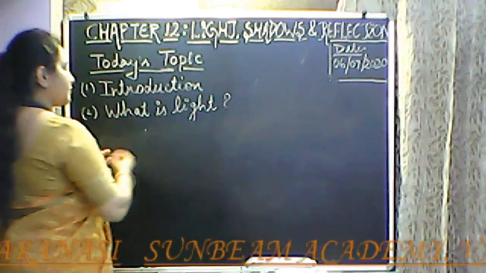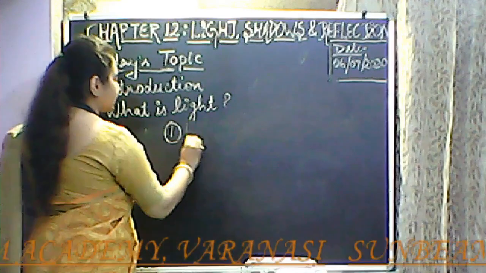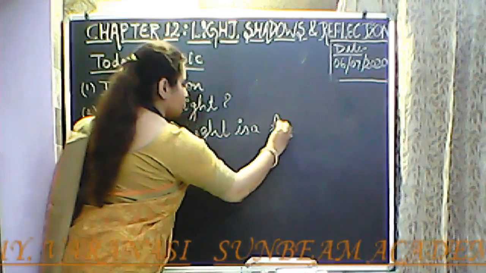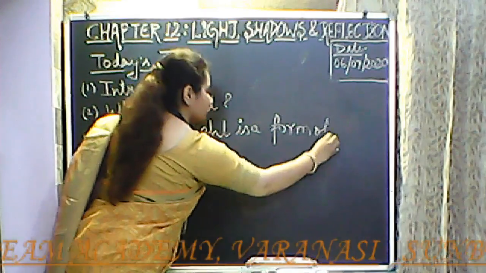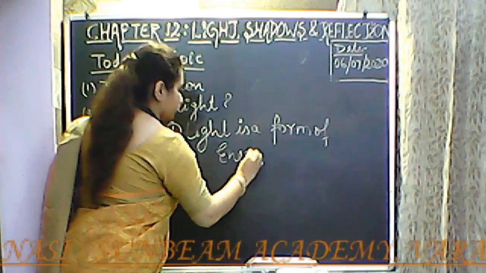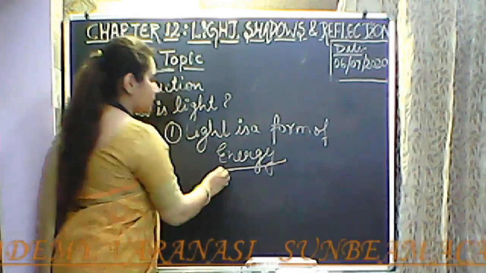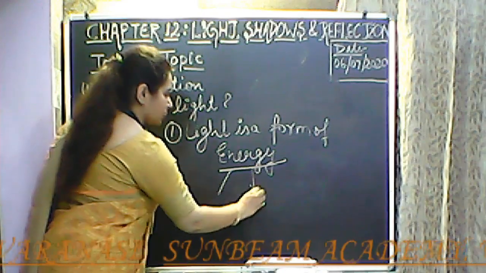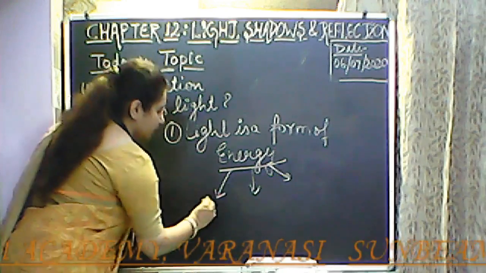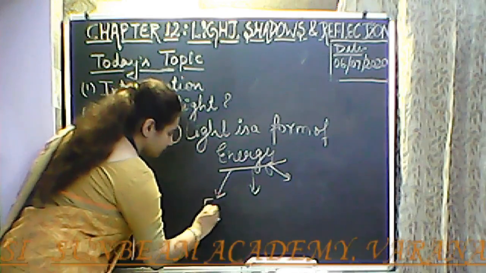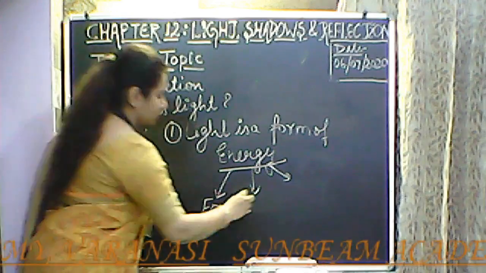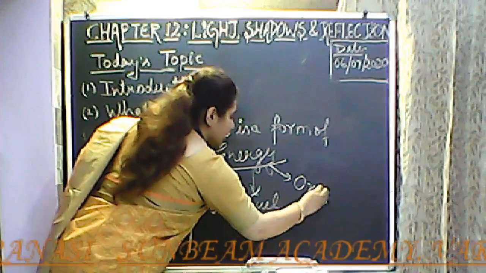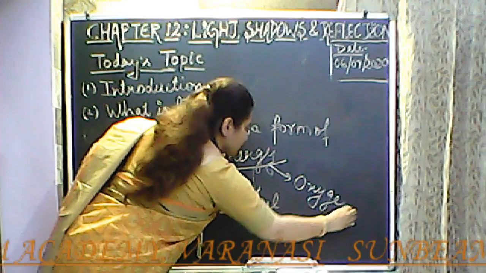So first we have studied now that light is a form of energy. Light is a form of energy, and this energy helps in getting food, in getting fuel, and providing oxygen.